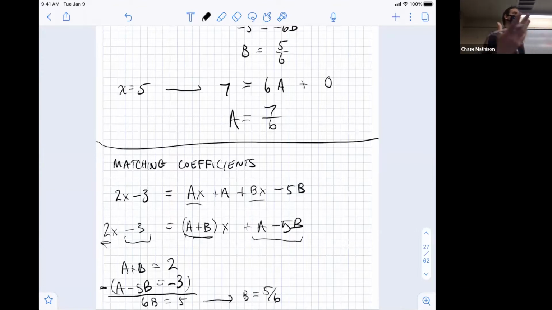Just like we knew already it had to be by using strategic substitution. And then once you have that, you can plug that into the first equation, and again, we already know this, a has to be 7 over 6.